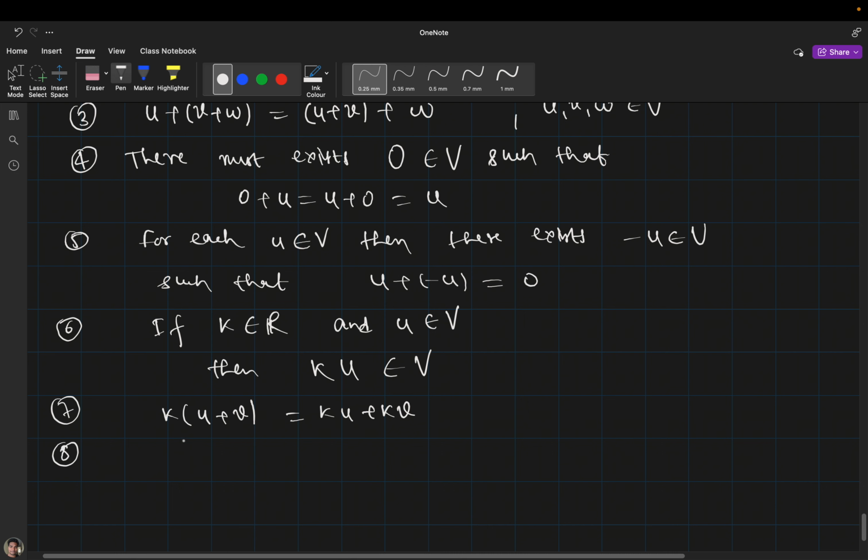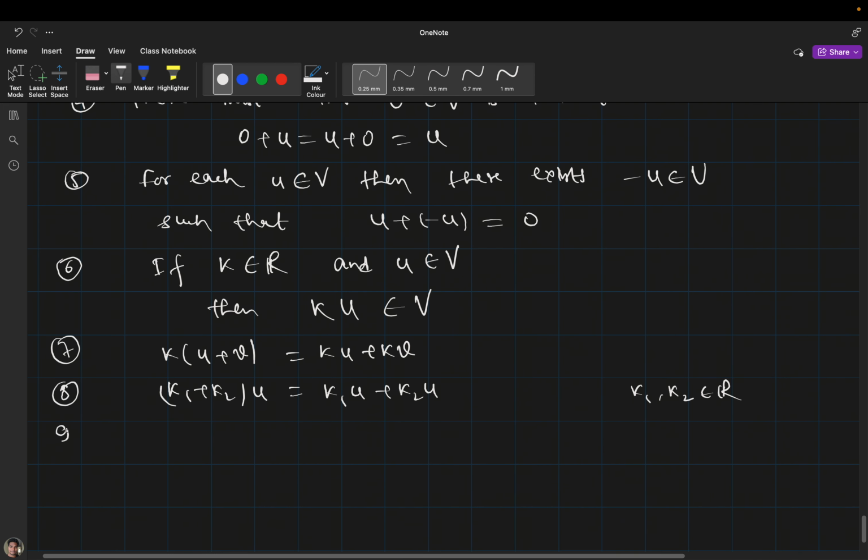Eighth, it is saying k1 plus k2, and k1, k2 belong to the set of real numbers, (k1 plus k2) times u must be equal to k1 u plus k2 u. Ninth, this is the last axiom.